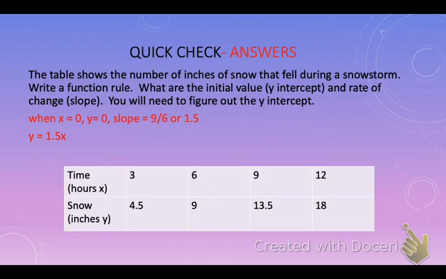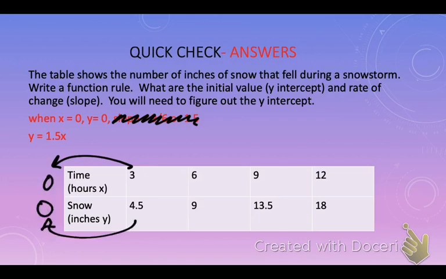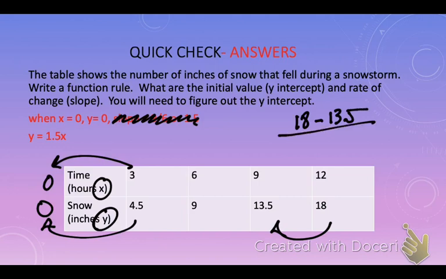Okay, yeah, I know my screen just cleared because I decided I needed to redo this. So we figured out that if we worked our way backwards, we got 0, 0. And then, I'm sorry, Mrs. Miller, we want y over x. So we actually wanted the 18 minus the 13.5 over 12 minus 9. So then I get 4.5 over 3.